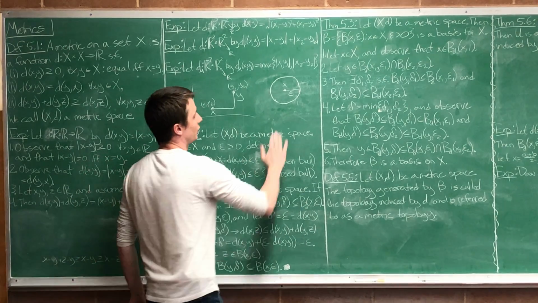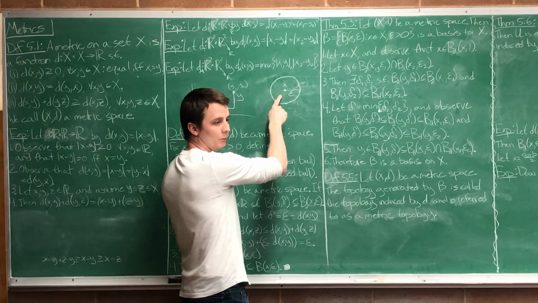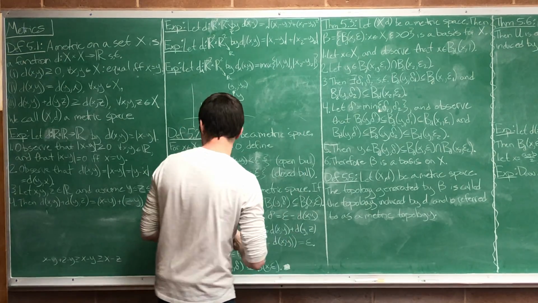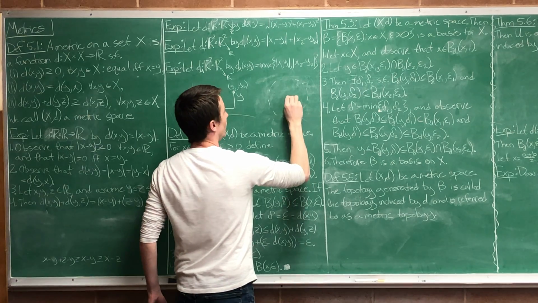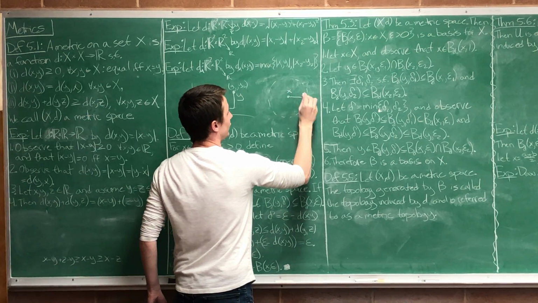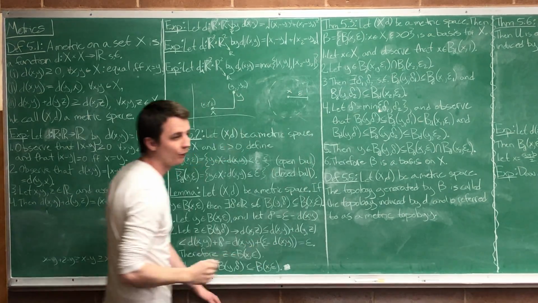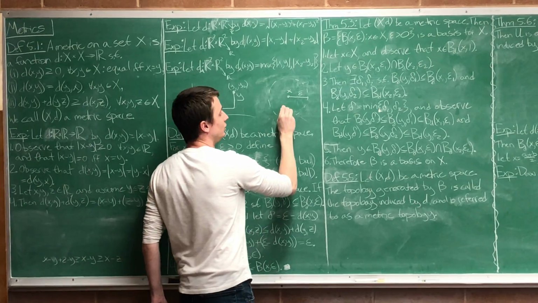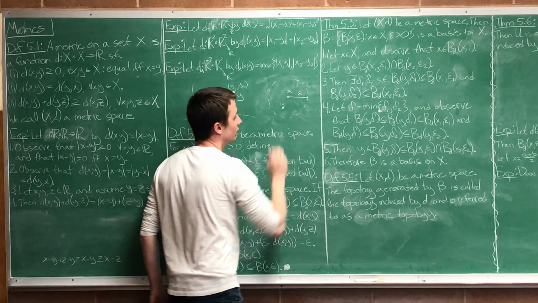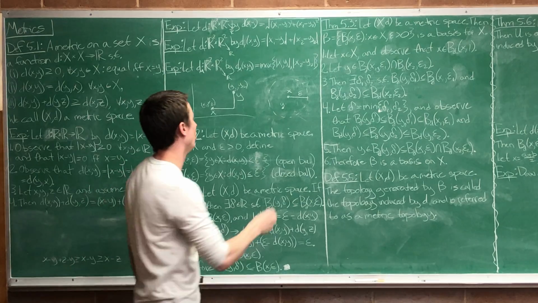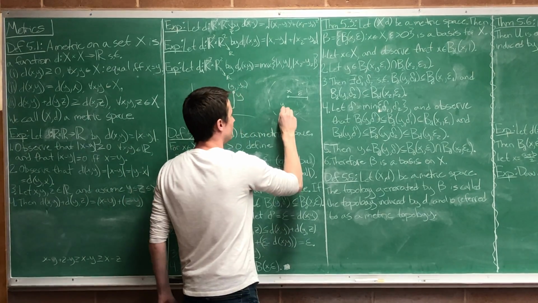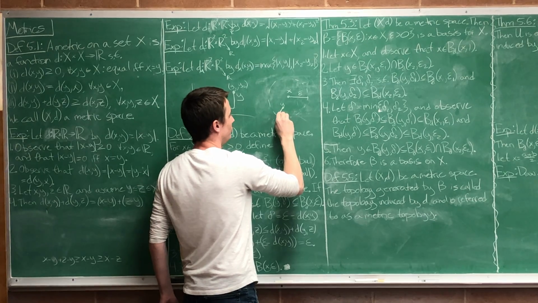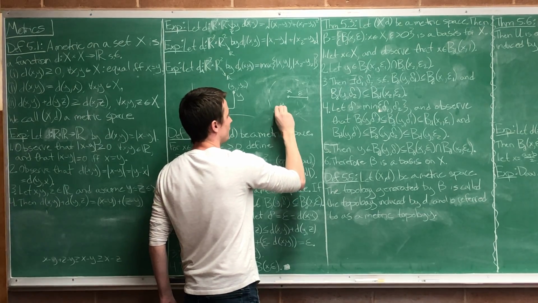So let's draw a picture of what we're seeing here. Here's some open ball centered at x with radius epsilon. We're saying for any open ball like this, and for any point y you pick in it, I can find some open ball around y with radius, so pick delta to be this distance.